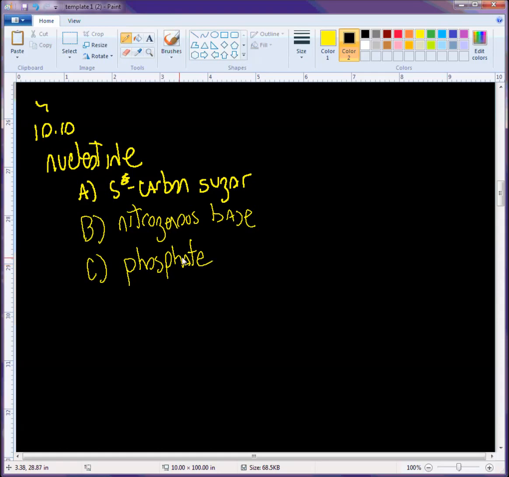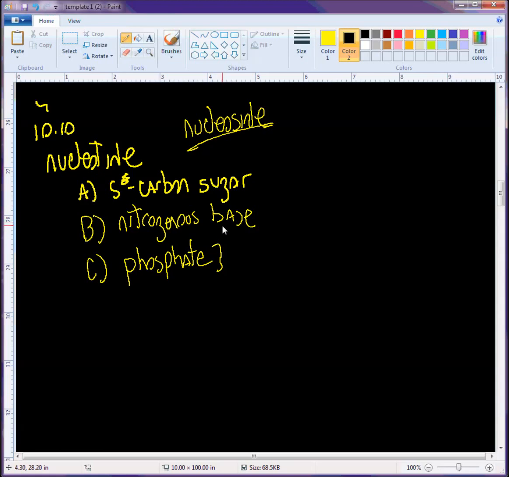To be a nucleotide, we have to have that phosphate group. Without that phosphate group, we're a nucleoside. So a nucleotide has a 5-carbon sugar, nitrogenous base, and a phosphate. And we are supposed to draw just the three components and show how they're linked together.